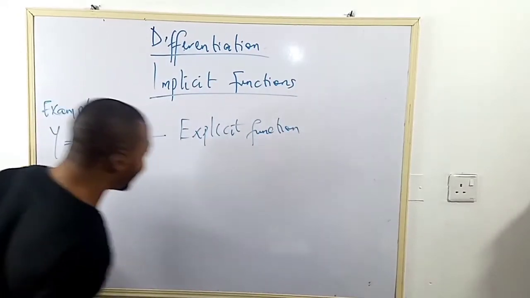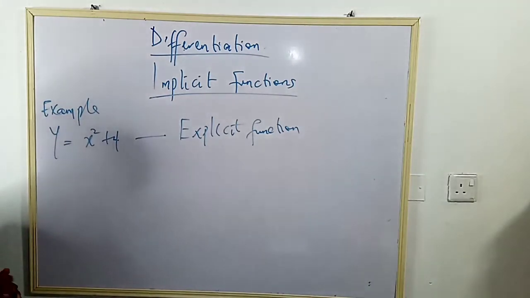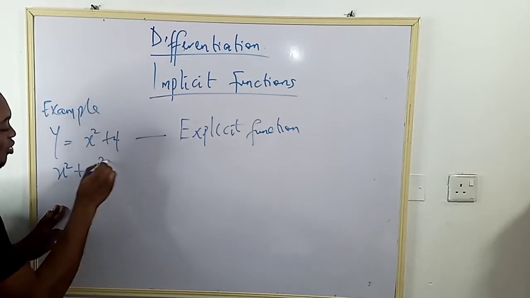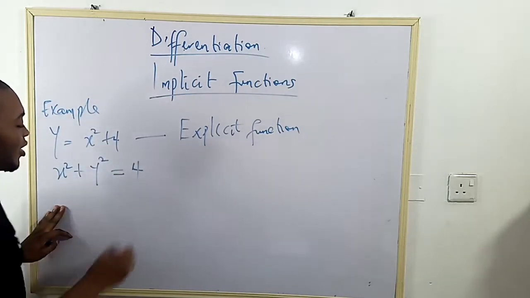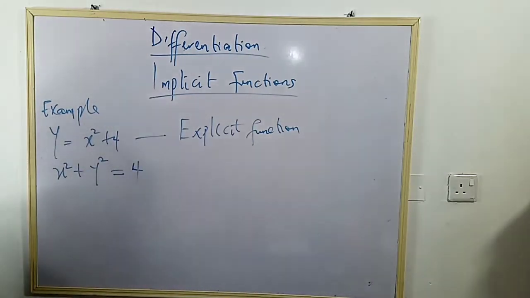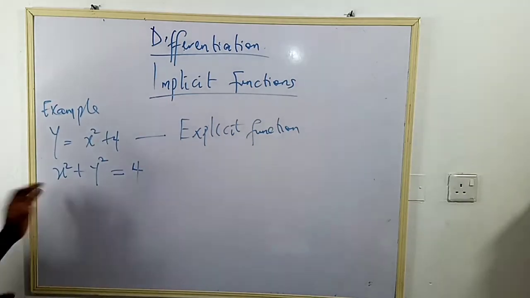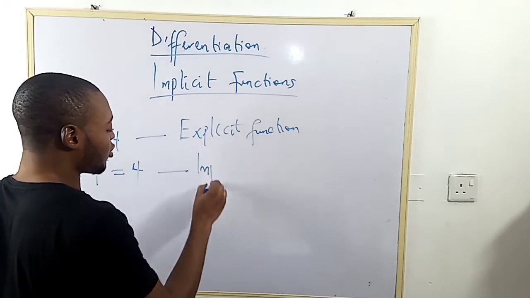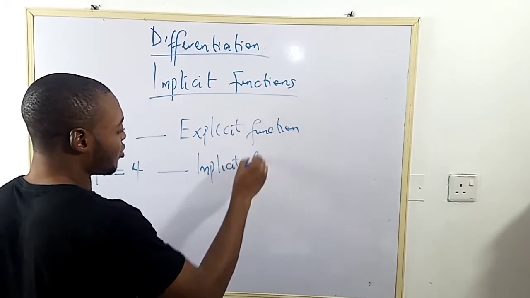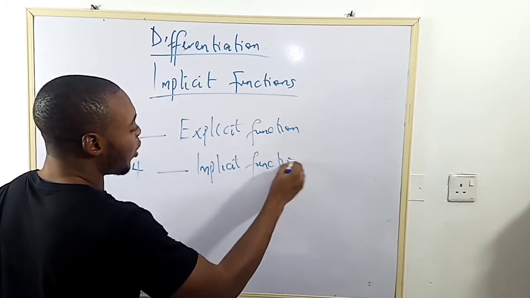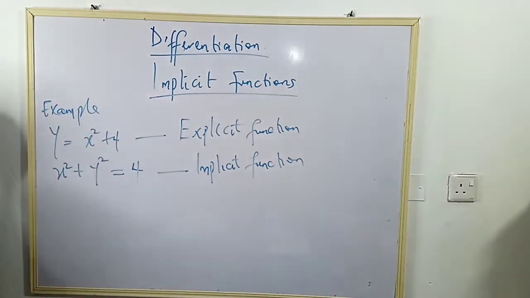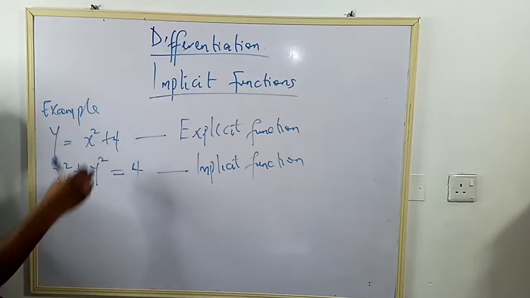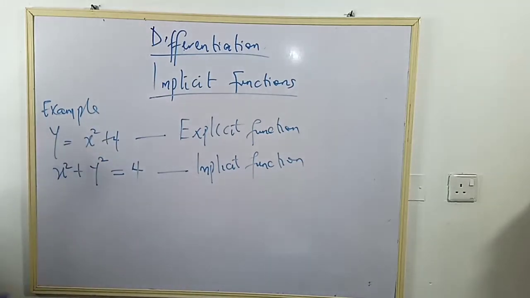If we have x squared plus y squared equals, let's say, 4, in this case this function is an implicit function. y is an implicit function in this case, because y is not expressed explicitly as a function of x. So you can see how we differentiate this is different from this. How do you differentiate this kind of function?